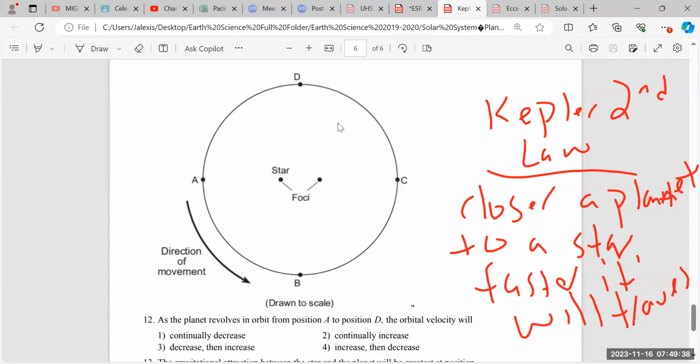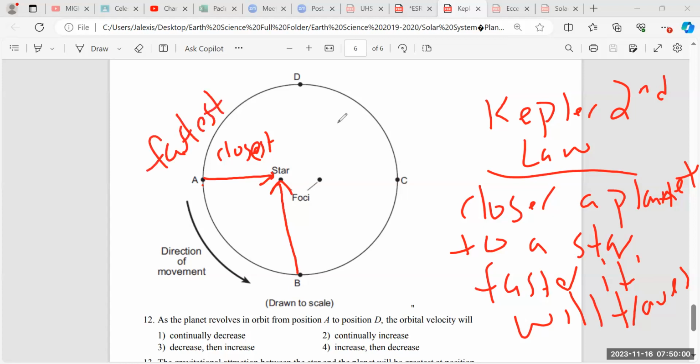So as it goes from A to B, right? First of all, we can say that at A, that's the closest it'll get to the star, correct? That is the closest, right? So that means at A, we know it's traveling already the fastest, okay? So when it gets to B, the distance increased. So that means that because the distance increased, it starts to slow down at B, right?